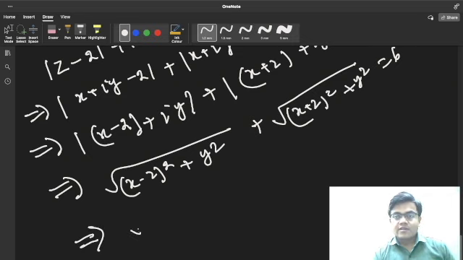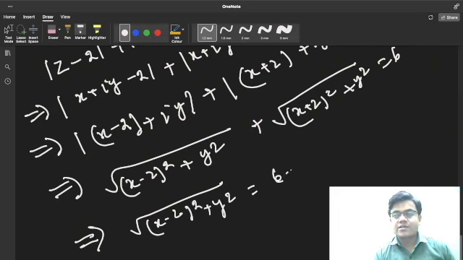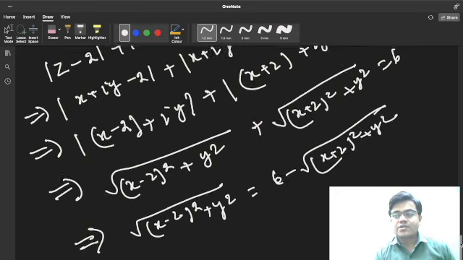So what shall we do? We shall take the square root of (x - 2) whole square plus y square equals 6 minus the square root of (x + 2) whole square plus y square. We'll square both sides.